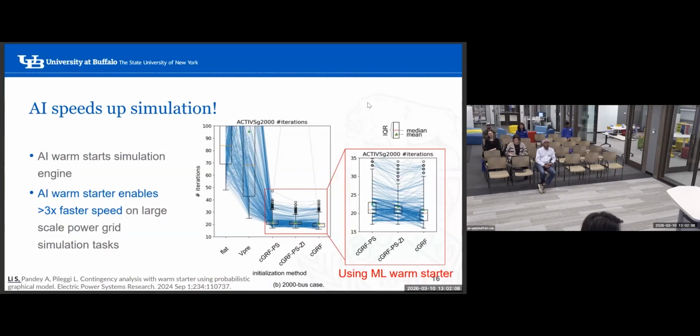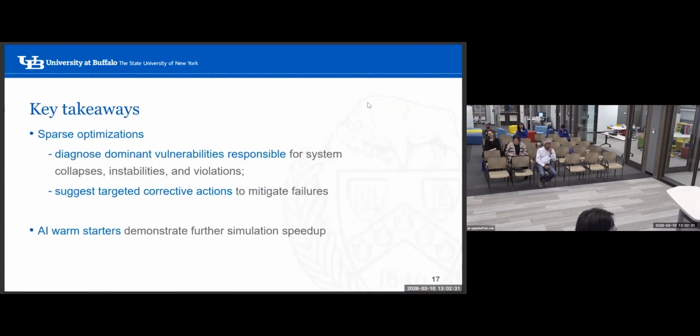Here's a comparison with different initialization methods, and it shows that using machine learning as a warm starter can significantly reduce the amount of time you need to simulate your result. Even on this very large 2000 bus power system, it can achieve more than 3 times faster than traditional initializations.